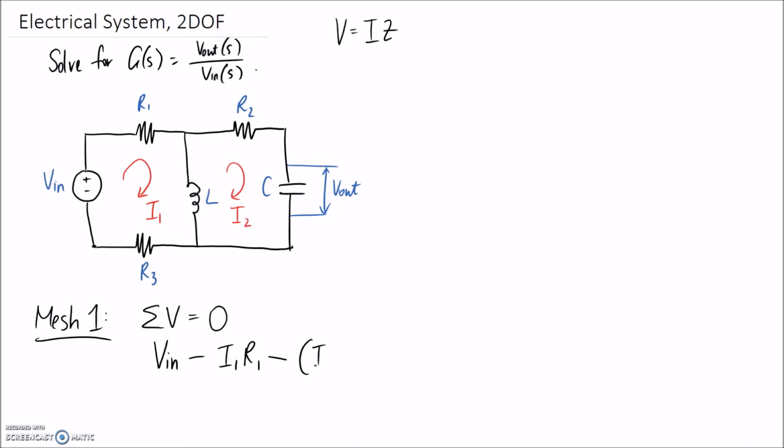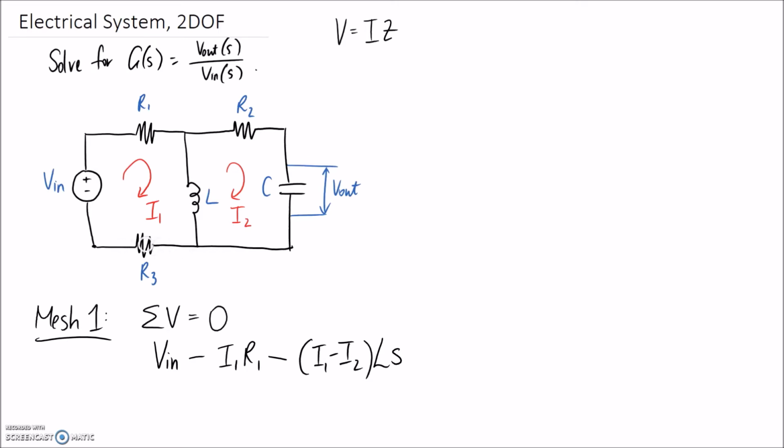So it's going to be I1 minus I2. I1 is going in the direction that we're considering positive, and this is going the opposite, so that's why it's been taken away. Alright, so then we need to multiply it by the impedance. And for an inductor, the impedance is LS. I'm just jumping straight into the S form here.